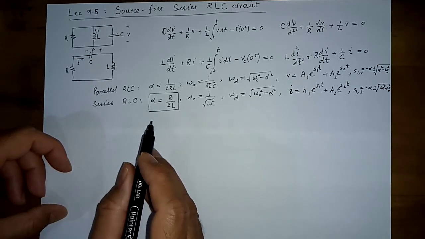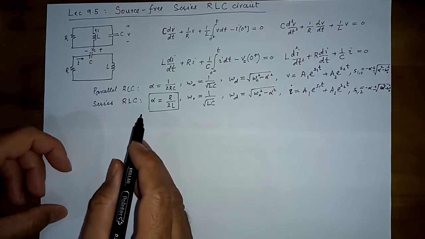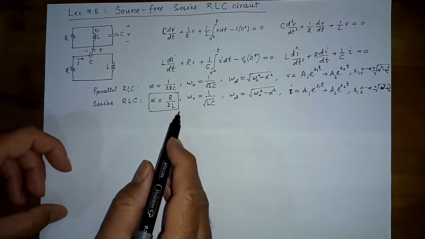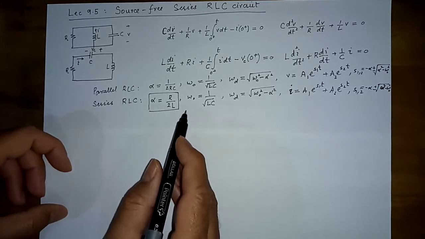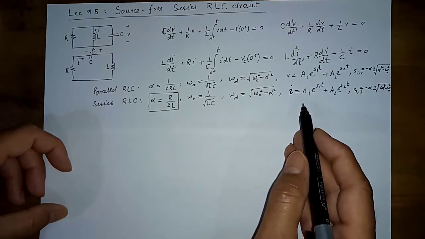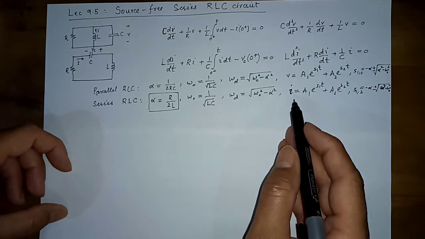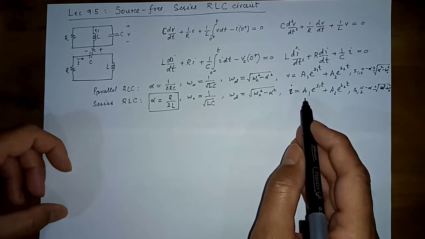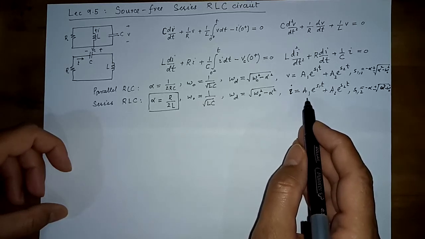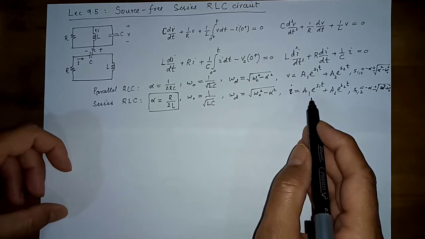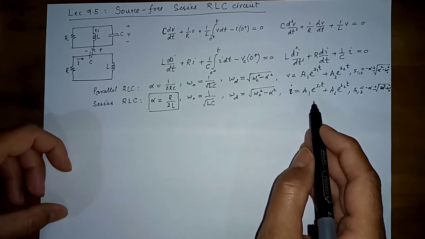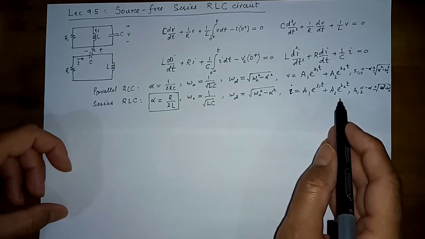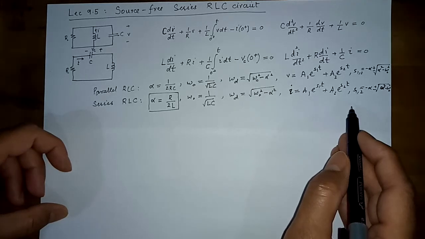You find alpha, you find omega naught, you see whether alpha is greater than omega naught or not, or whether they are equal, or whether alpha is less, and then based on that you decide whether it is overdamped, and then this will be the response. If underdamped, then we will have A1 or B1, call them whatever, A1 e raised to the power minus alpha t cos of omega d t plus A2 e raised to the power minus alpha t sine of omega d t.